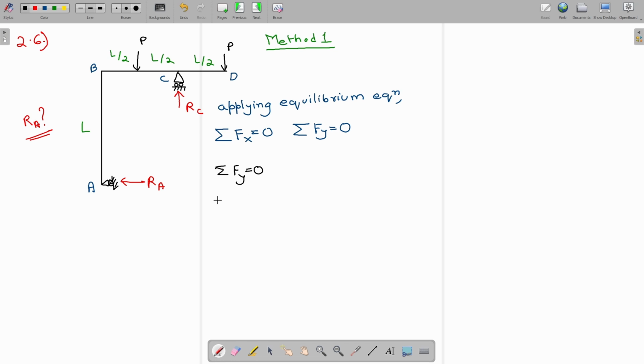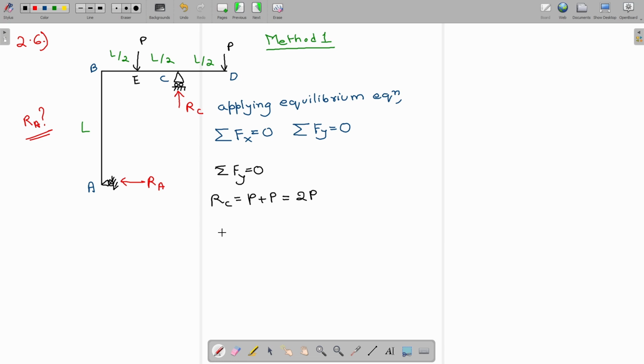When we write this, we can write that Rc is equal to the vertical forces acting, P and P. Say this point is E. So P acting at E and P acting at D. Therefore, we can write P plus P is equal to 2P.